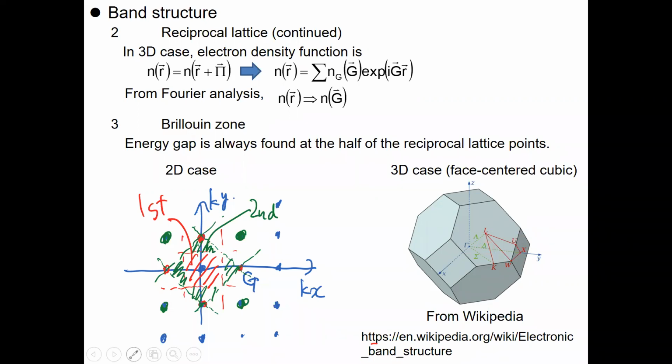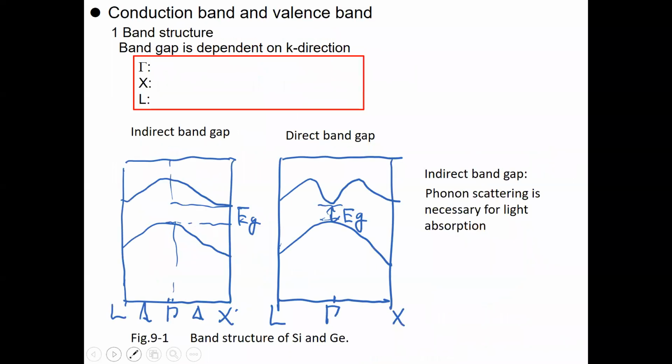If you study some solid materials, you've seen the band diagram of solid materials. And now you're ready to read the band diagram. As I mentioned, the gamma position is the K equals 0 position. X is the 100 direction, and this one is the 111 direction.